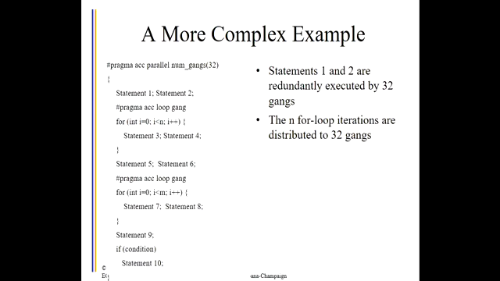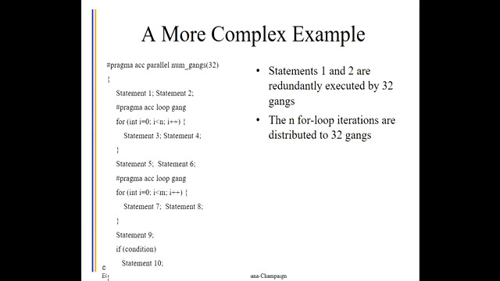So here is a little bit more complex example, and we actually go over this in a book chapter. You have an OpenACC parallel region, so the curly bracket region below here is a parallel region, and the parallel region will be executed by 32 GANs, right?